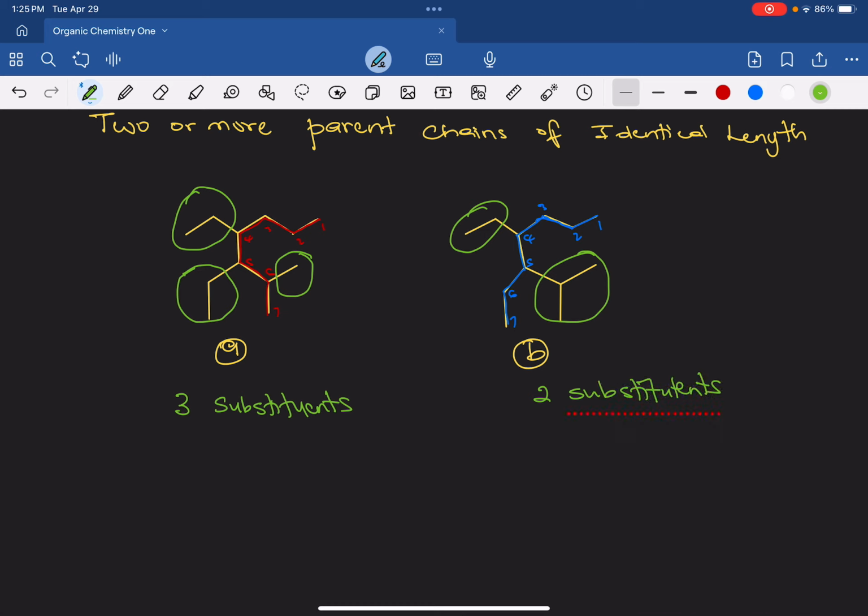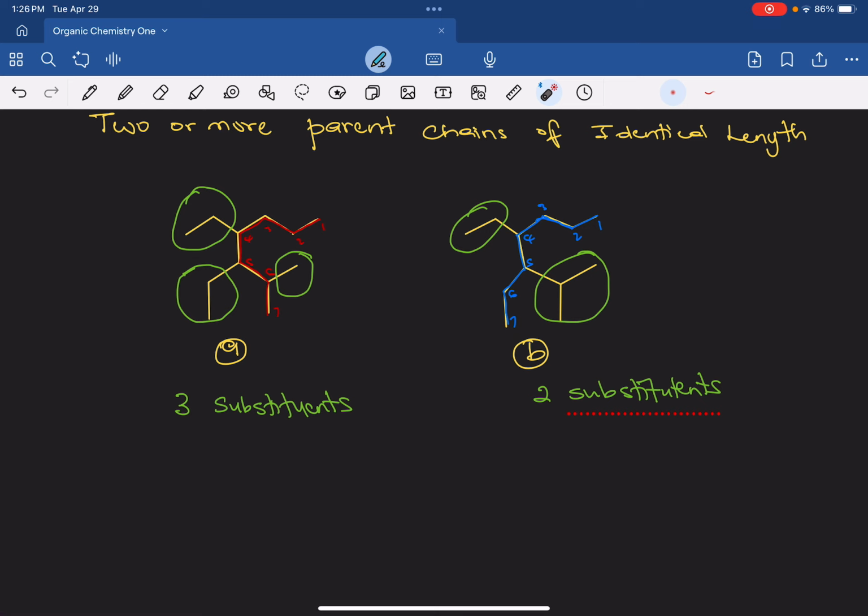So if you run into a situation like this, where the molecule has 2 parent chains of equal length, you need to go with the option that has the most substituents. So for example, with my red long chain, I have 3 substituents. With my blue long chain or parent chain, the longest chain here, I have 2 substituents.